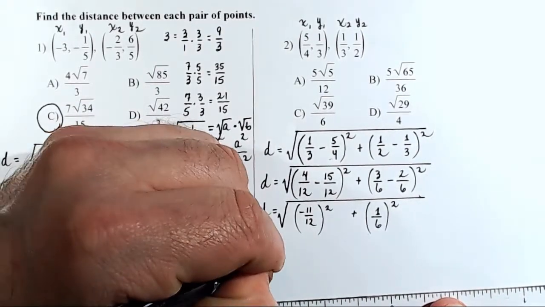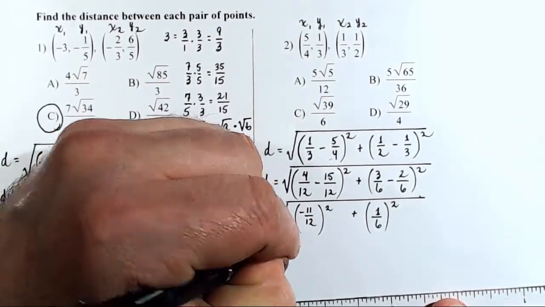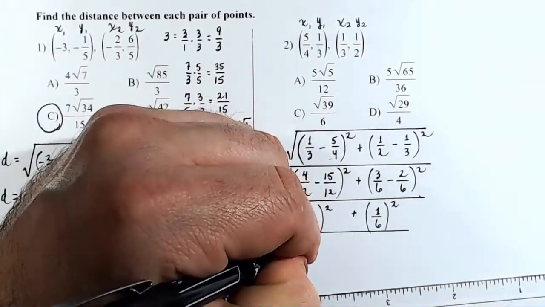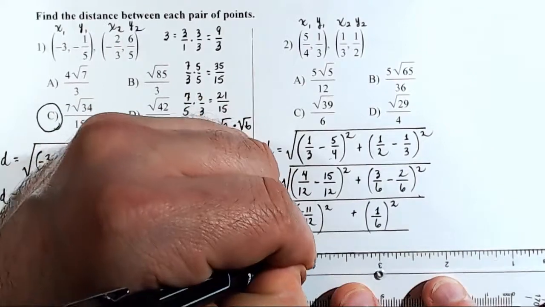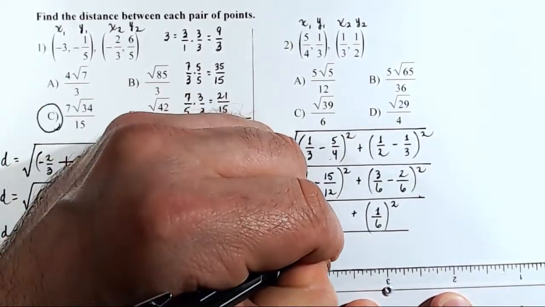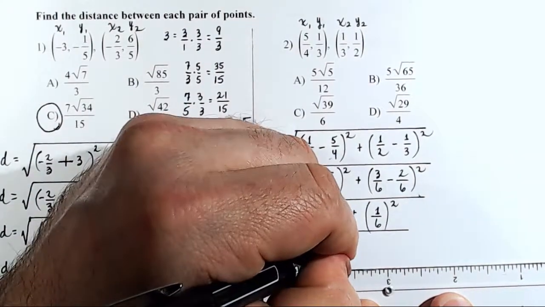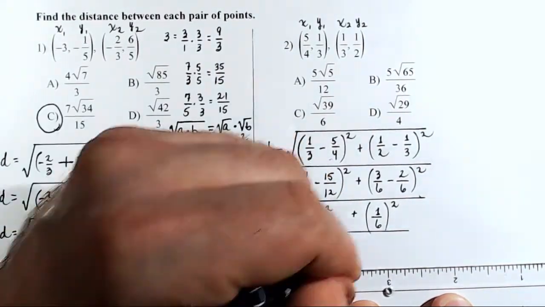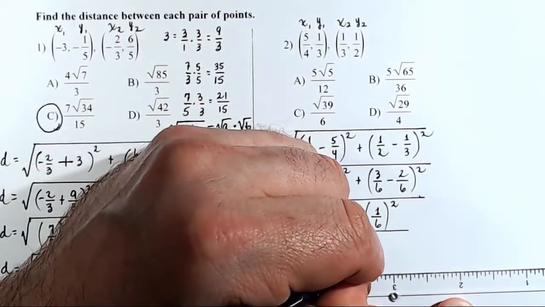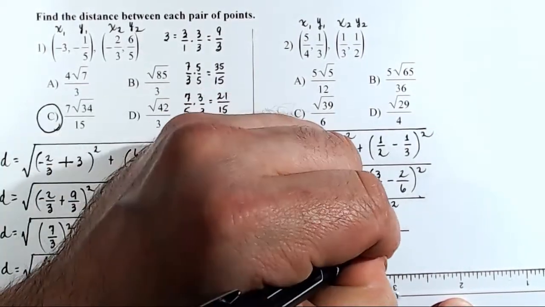D equals square root of negative 11 over 12 squared plus 2 over 12 all squared.